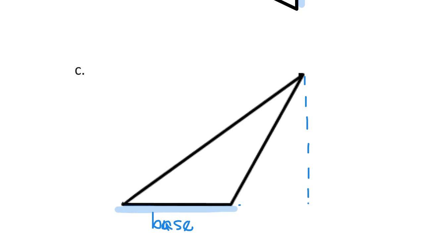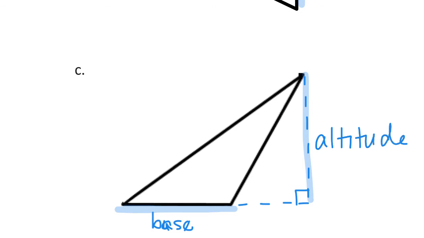And since it doesn't touch the base, I would make a line going across here and put my box there. And so that dotted line there is my altitude or my height. Now if I'm using those to find the area of the triangle, those would be the two measurements that I'm using.